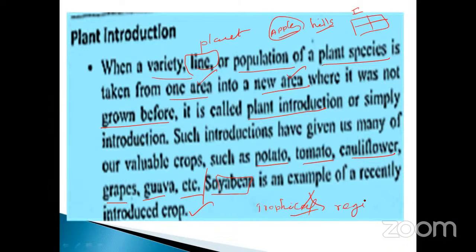This is very, very important, my dear. So plant introduction: where it did not grow, we can introduce the variety and cultivate the plant, and you will get 100% yield.